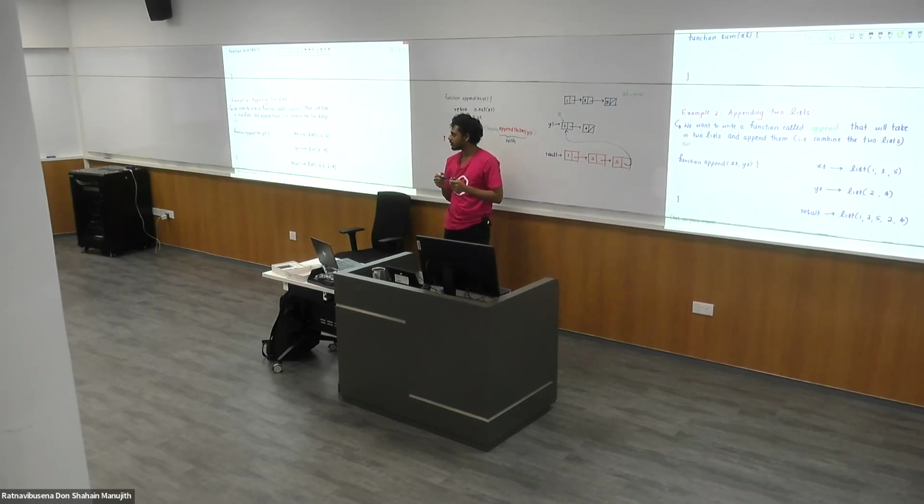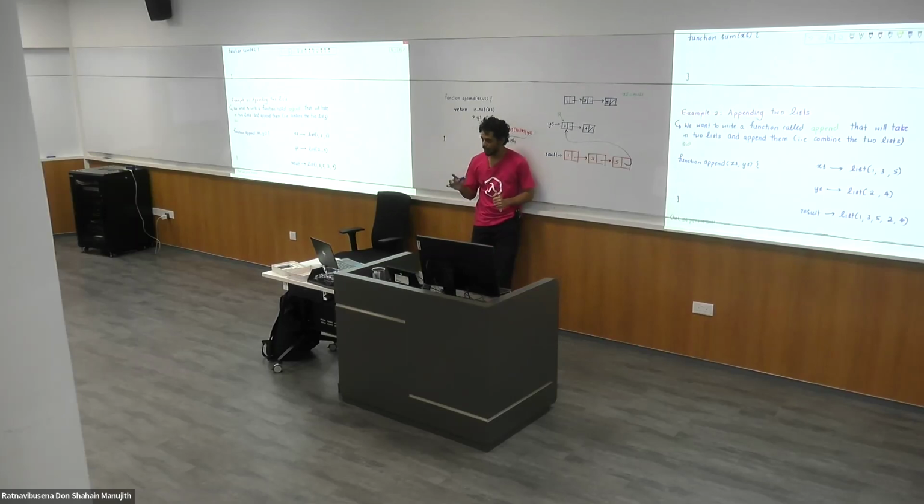Is that clear? So how many pairs did get created? 3. But how many pairs were there in xs and ys both? 5. Right? So if the length of xs is n and if the length of ys is m, how many new pairs get created when you call append xs and ys?